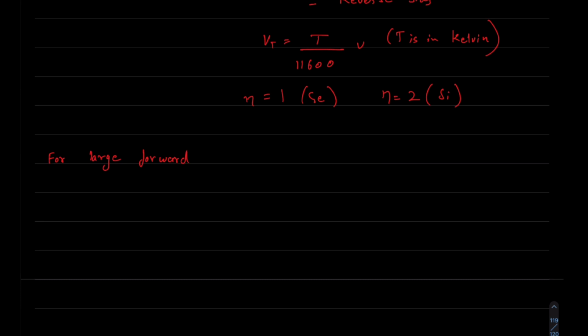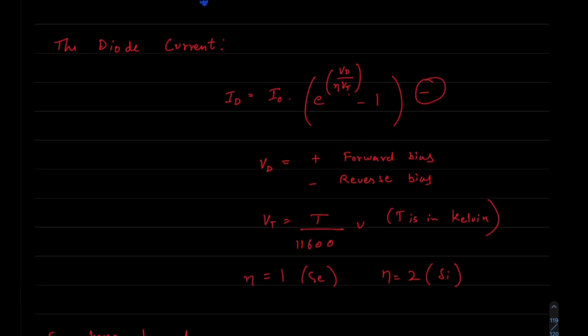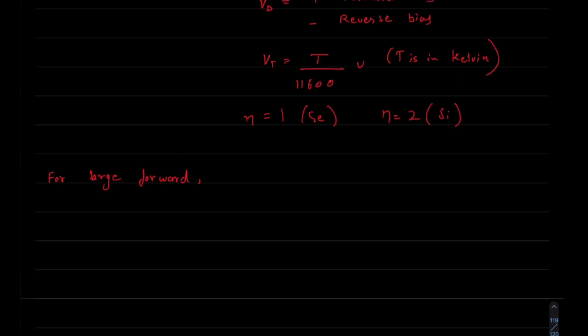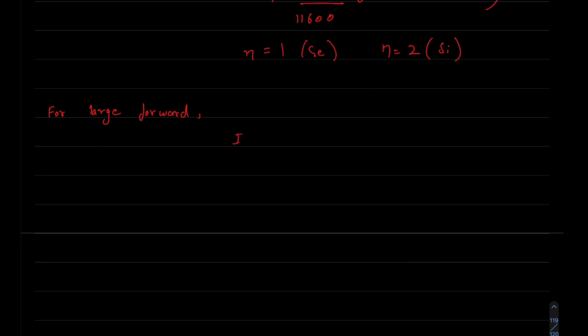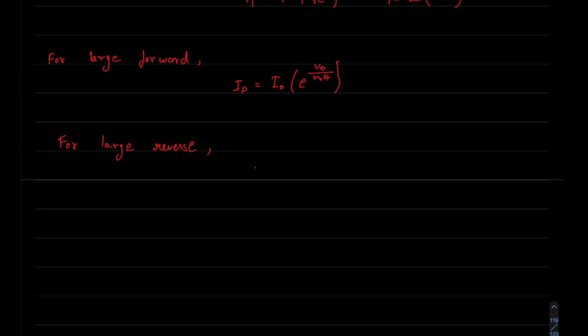So for large forward bias, this Shockley equation approximates to ID equal to I naught exponent of Vd over eta Vt. And for large reverse bias, ID is equal to the negative of the saturation current.